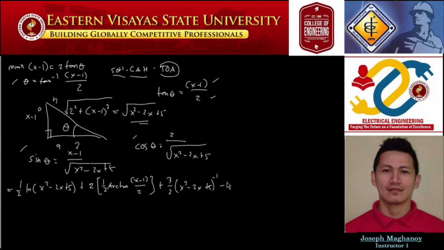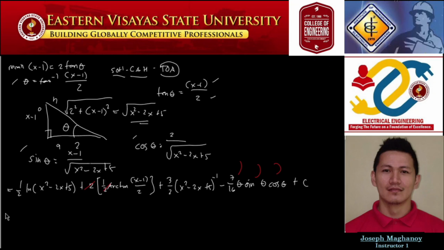And your answer here, we write first 7 over 16 theta, sine theta cosine theta, plus c. So we replace theta, sine theta, and cosine theta with their values, so we can have our final answer. We can simplify further. Here, we have a common factor of 2. We can eliminate 2.